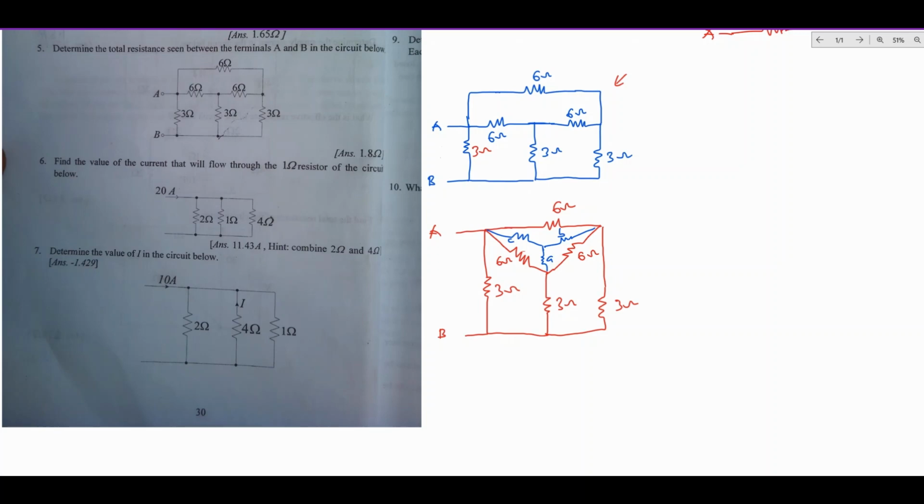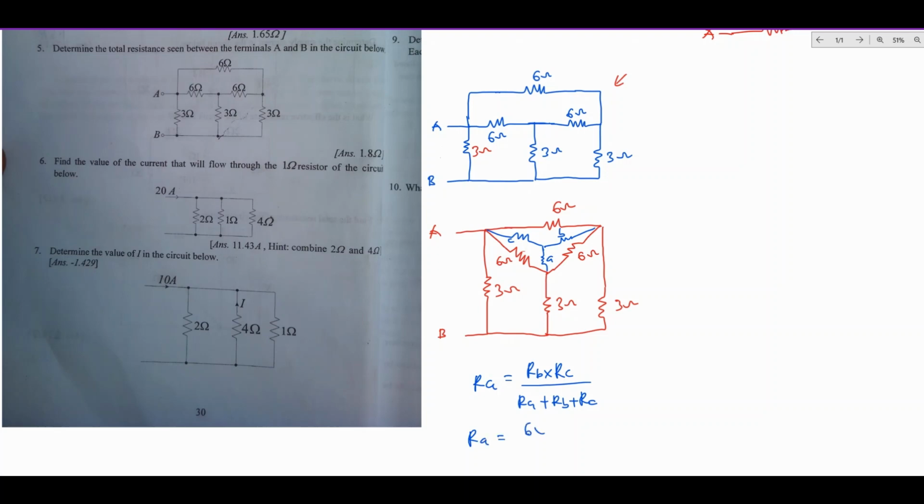RA equal to RB times RC, divided by the total, which would be RA plus RB plus RC. But because all the values are 6 ohms, we are going to get the same answer for all of them. So let's calculate for just RA, then that will be the same for RB and RC.